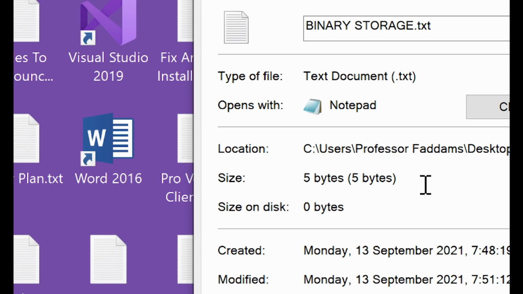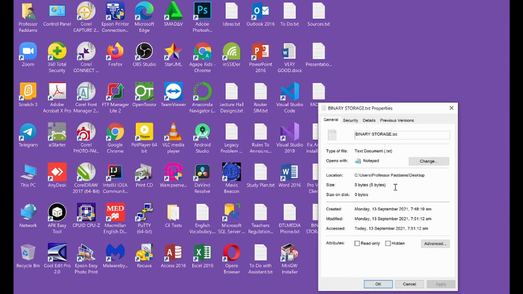Now, this 7,000 bytes, how do you move it into bits? You multiply them by 8, right? So 7,000 bytes times 8 will give you what? 56,000 bits. Is that correct? 7,000 bytes.